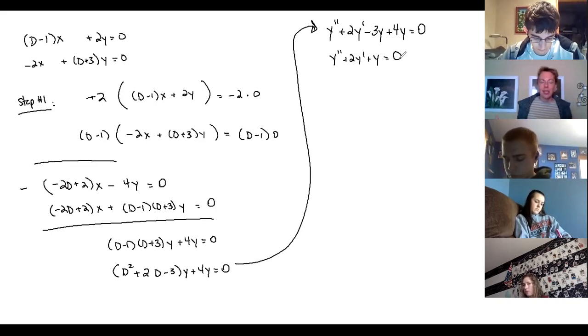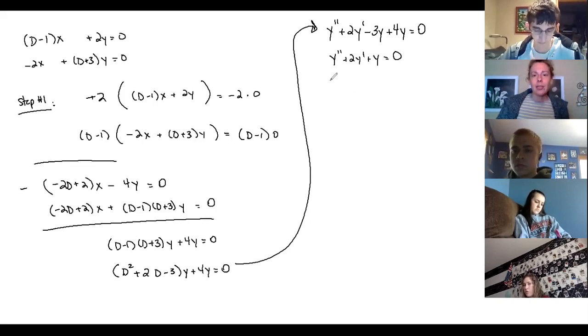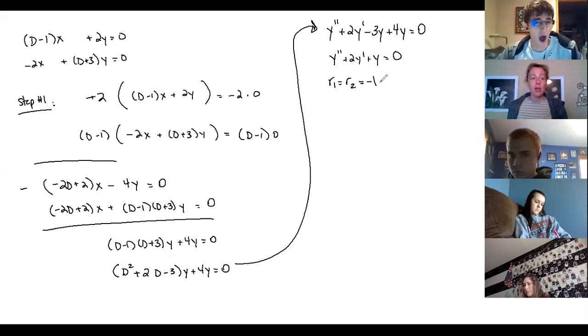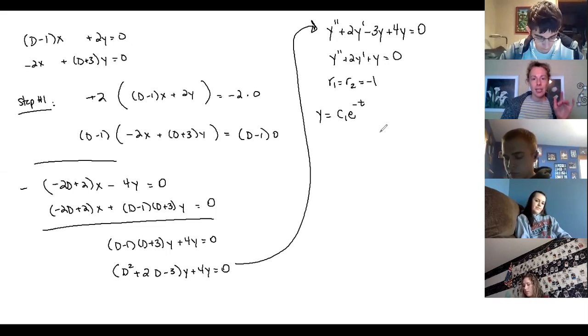Normally your next step would be the characteristic equation. I won't write it out, I'll just write the roots. So r1 and r2 are both equal to -1, all good, and that gives me my value of y. C1 e to the negative t, right?